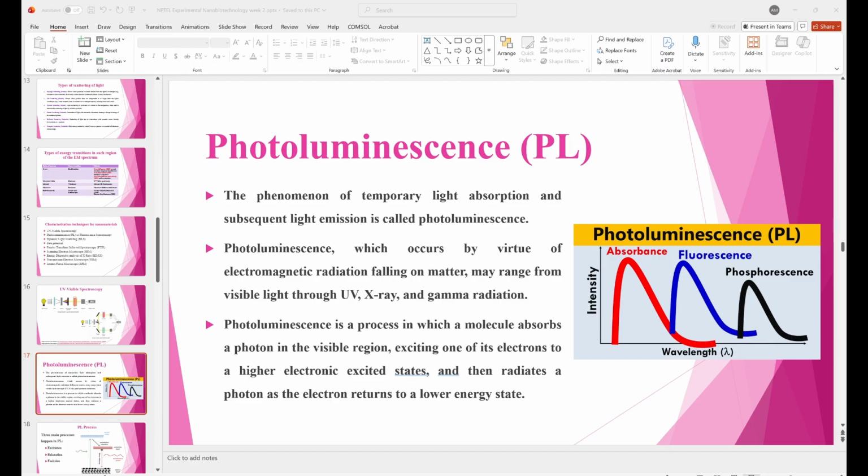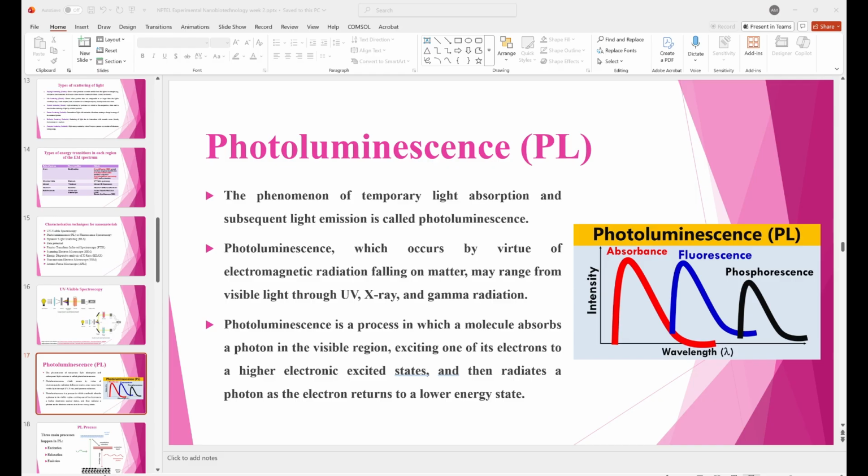At higher temperatures, non-radiative recombination channels are activated and the PL intensity decreases exponentially. That is why when you're operating a fluorescence spectroscopy instrument, you should not operate it for a long time. If you see that your instrument is heating up, that means your temperature is rising, and it will start giving errors in your PL intensity.